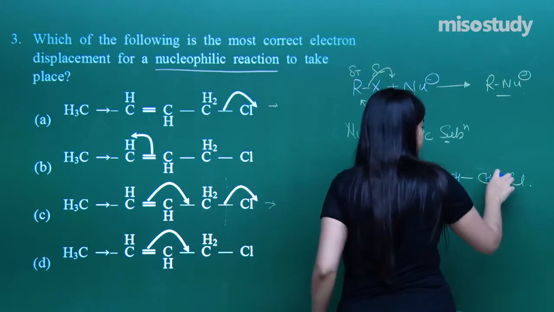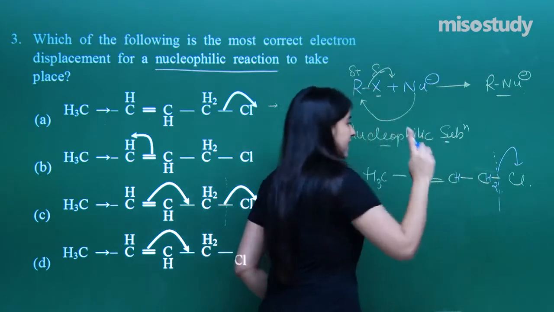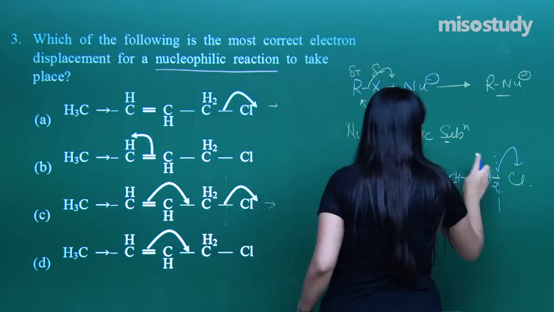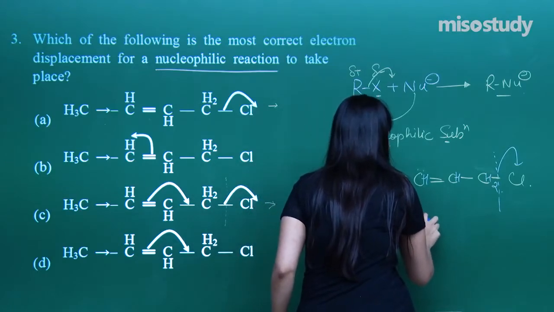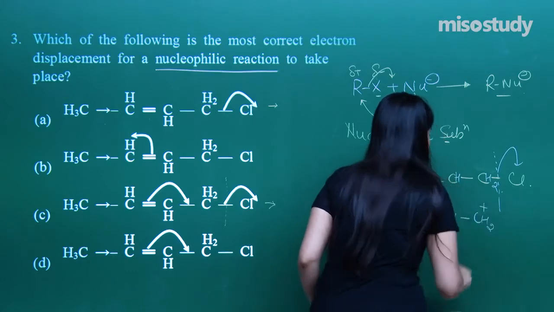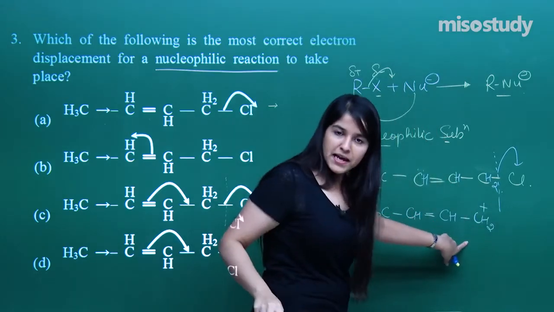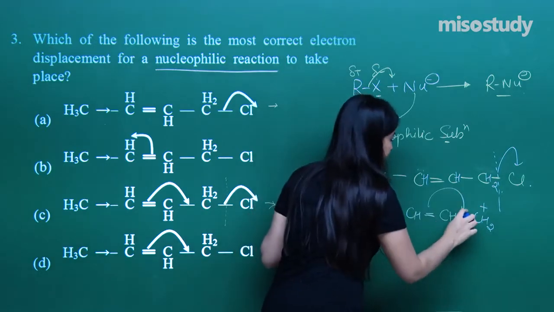So what is the first step? I need to remove the chlorine. As I remove the chlorine, I get what? I get a positive charge developed on this carbon. So here is the compound formed. Now, in order to stabilize this positive ion, what comes up? The resonance will take place.